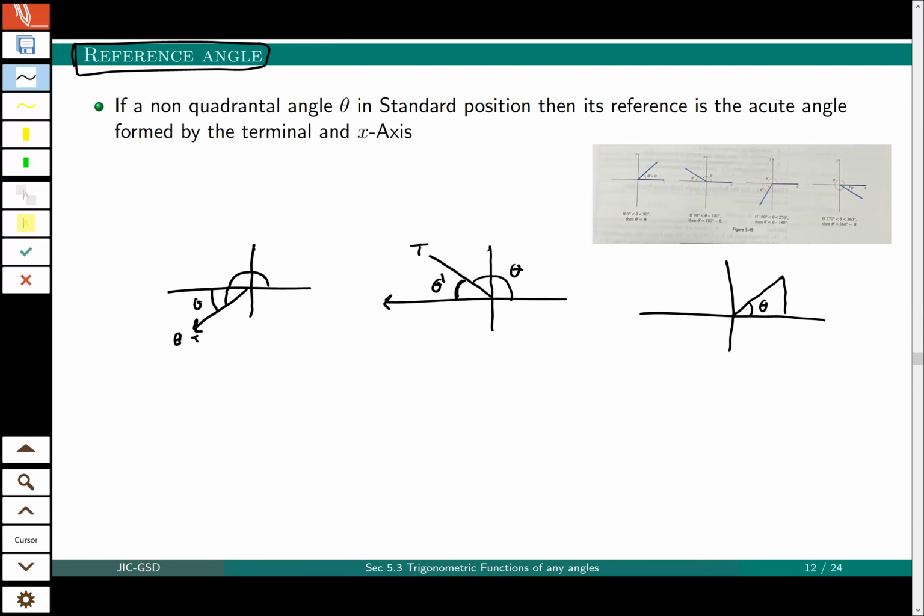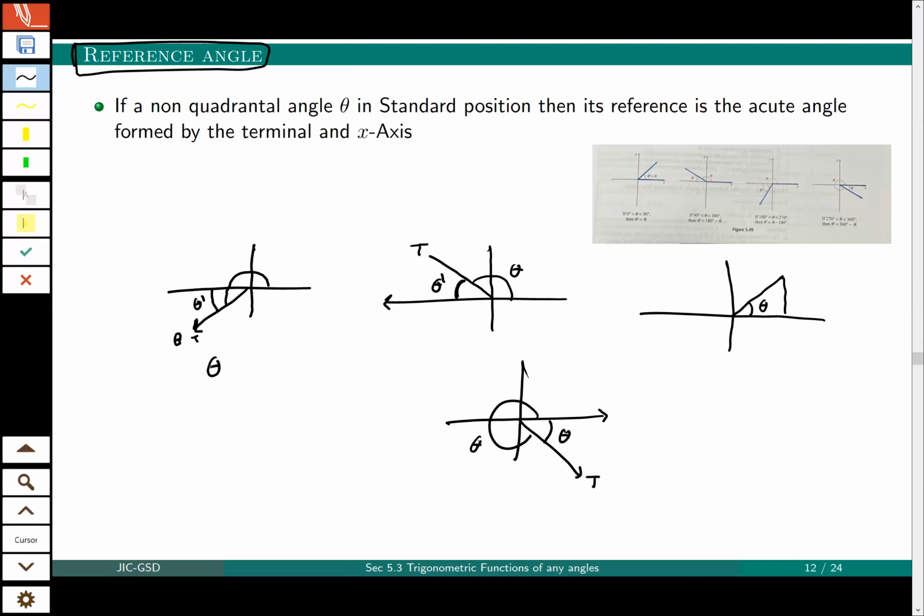It's always with the x-axis. And in the next case, if this is my angle theta, the reference is again the angle between the terminal side and the x-axis.